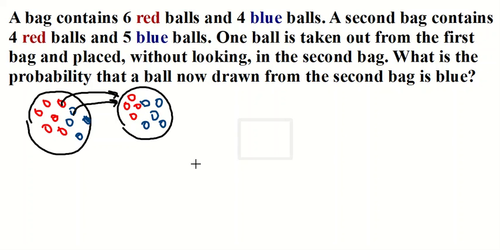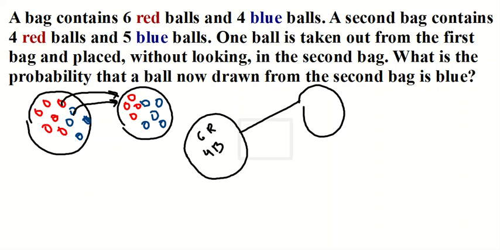In order to solve this question with a little bit more clarity, we can take the help of tree diagrams. So I'll draw a circle here that represents our first bag. Our first bag contains 6 red balls and 4 blue balls. Now if we were to select a red ball from our first bag, the probability of selecting a red ball from the first bag is 6 by 10.